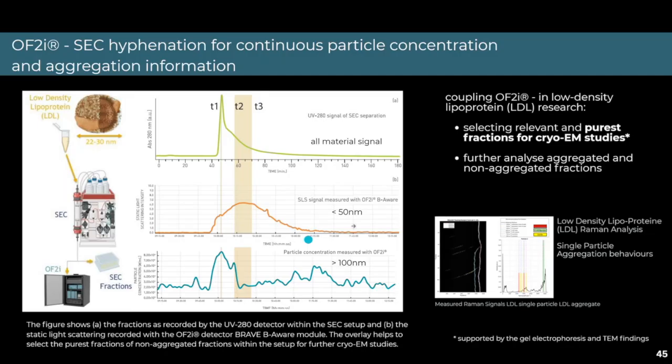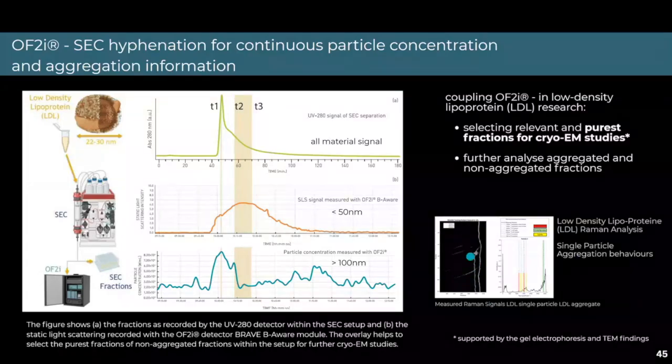So hyphenating UV signals, giving you the information on what material is coming down, but also then looking into clear over-time information on what kind of particles are contained in this material, really helps, for example in this case, to get very pure fractions for these cryo-EM studies, where we, for example, get information on bigger particles and smaller particles and define the best fraction to look into further. We were able to really identify aggregates coming from LDL using our Raman technology.